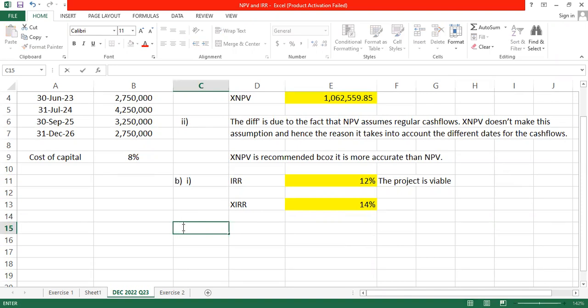All right, then B required number 2, we are told to highlight the cause of the difference between IRR and the XIRR, and then explain which one you'd use in your analysis and why.